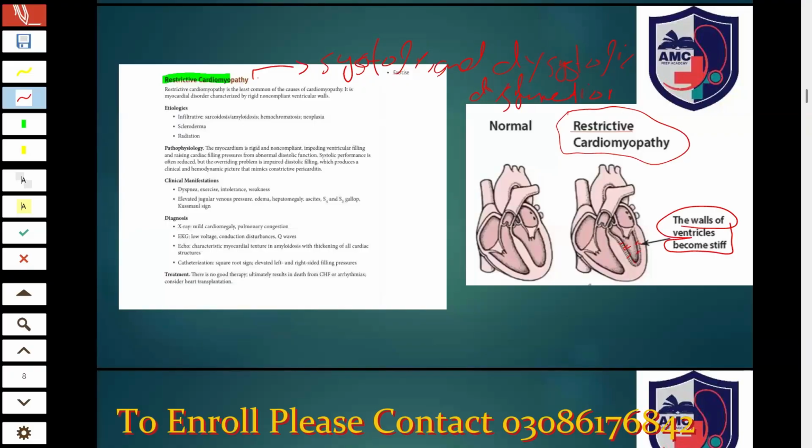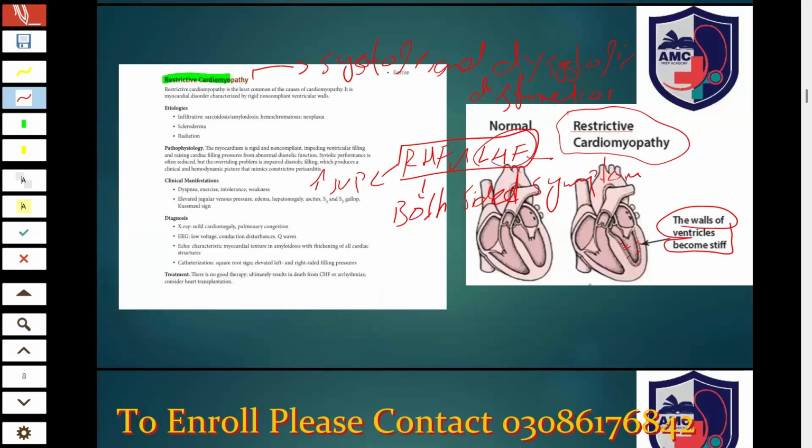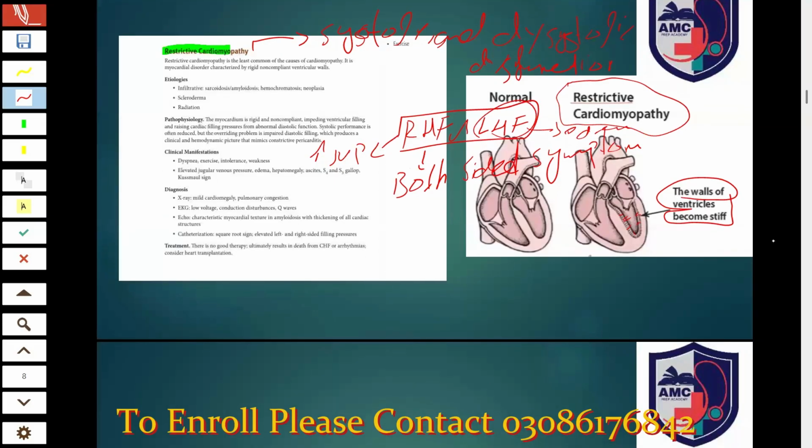The patient will present with both right heart failure symptoms and left heart failure symptoms, as we discussed already in our heart failure class. Raised JVP, right atrial edema, pulmonary edema, dyspnea, things we discussed in detail in our class.